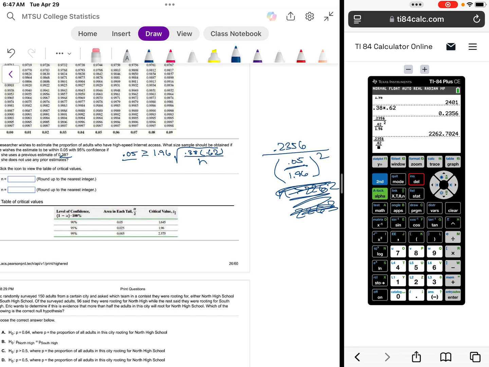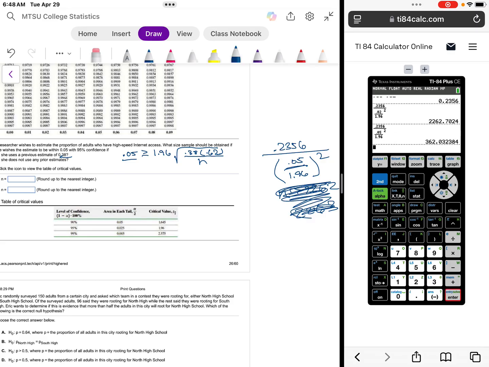I just changed the very top. So that's 0.05. Let me get rid of that bottom. Sometimes being quick makes an issue there. 0.05. 1.96 quantity squared. There we go.